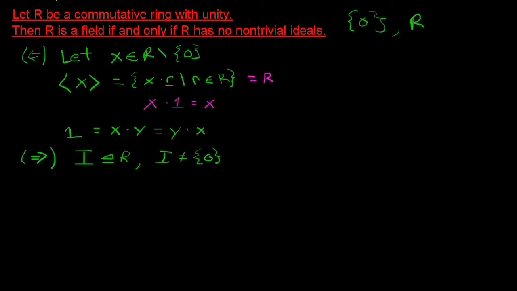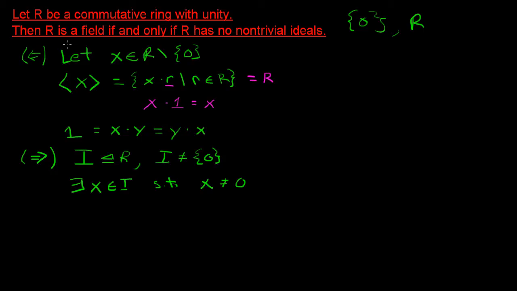Alright, so if it's not the zero ideal, then it must contain some non-zero element. So we could say there exists an X in I such that X is not 0. Since it's not the zero ideal, it contains some element that is not 0.